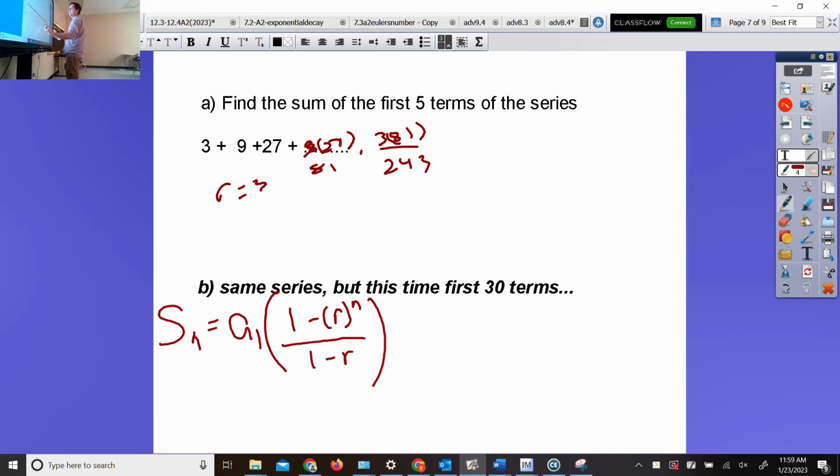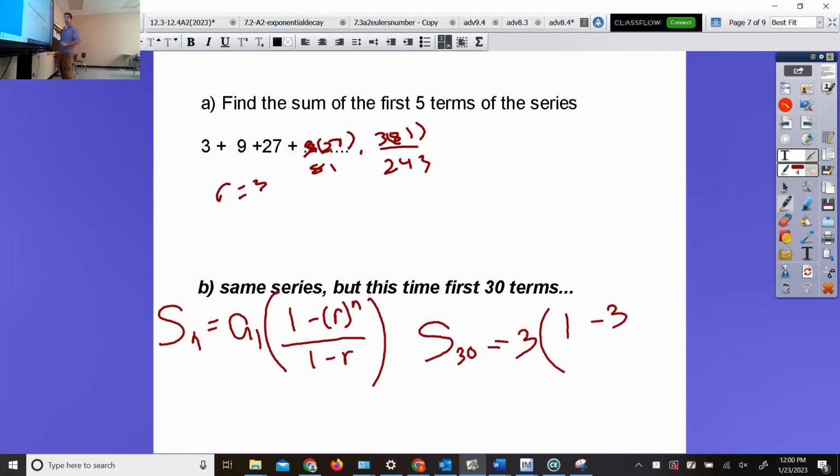All right, we're going to find the sum of the first 30 terms. 30 things, kids. Everywhere you see an N, you're 30. If you look at that series, what's the first term? 3. 1 minus, what was R again? 3.